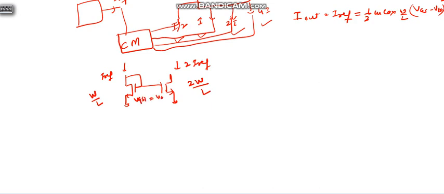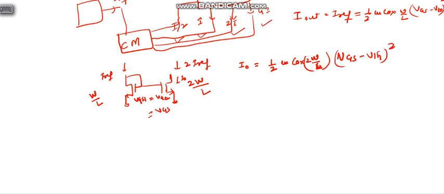VGS1 equals VGS2, because now I out equals half mu n COX 2 W by L (VGS minus VTH) squared, and VGS is the same for both. So here IO equals 2 I ref.